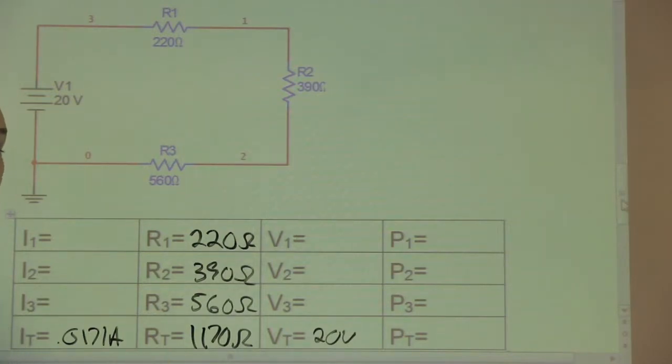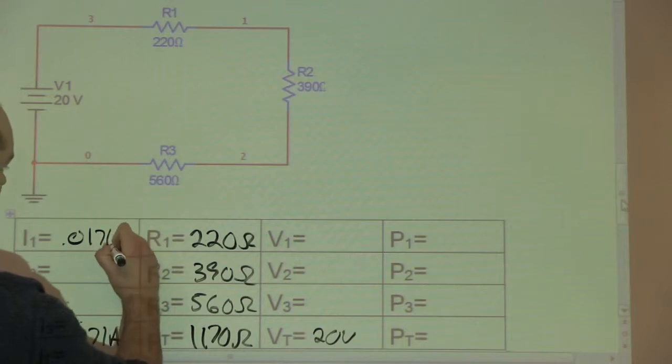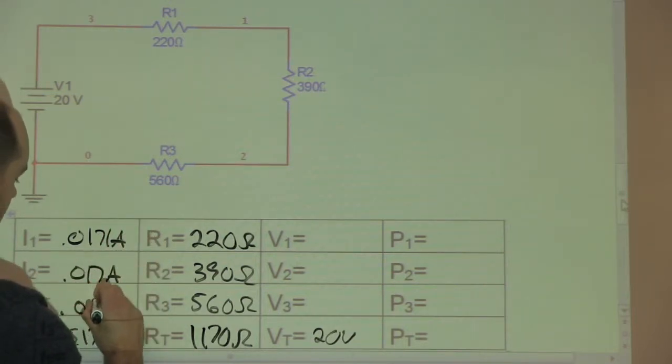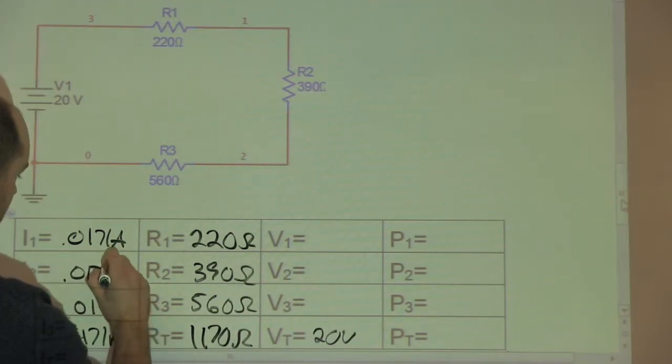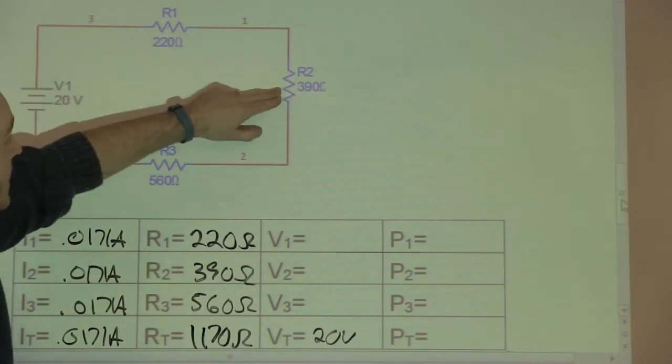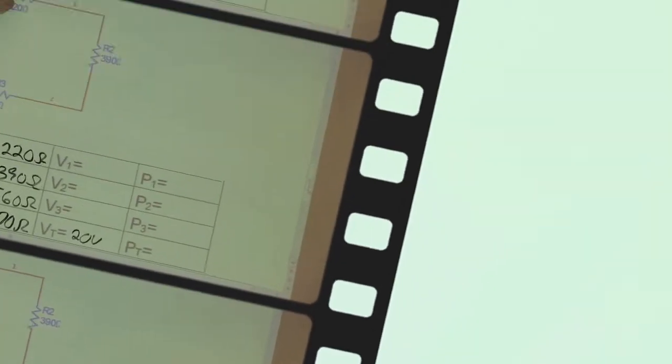Now, because current is the same everywhere in a circuit, because current is the current, I can fill the rest of these in here. I now know the current through R1, R2, and R3.